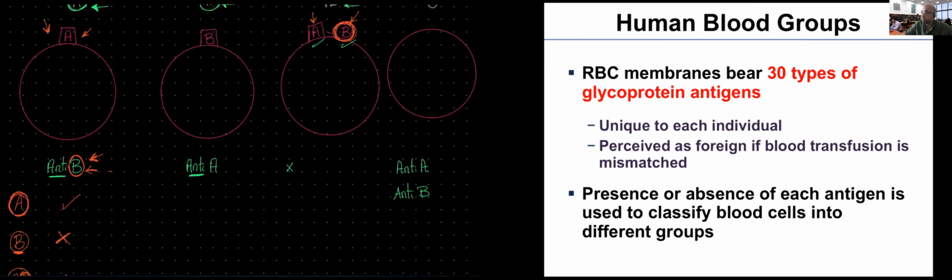What do you think? Again, the rule says what? Don't give an antigen to a person who's producing antibodies against this antigen. Do I have an antigen on the red blood cells type O? No antigen. So can I get the blood cells?